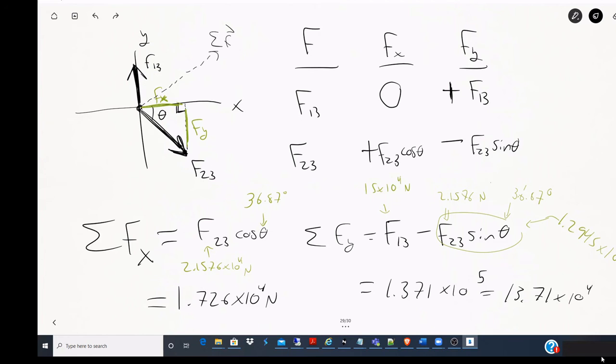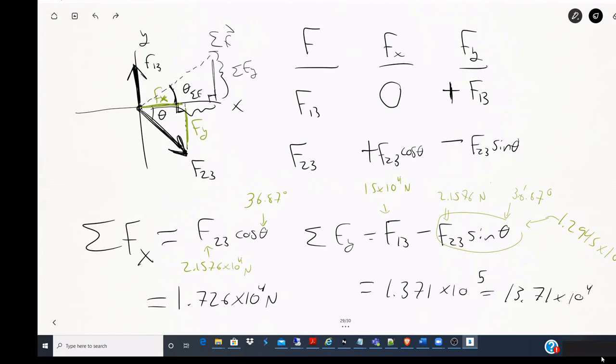Anyway, the net force is in the first quadrant. The angle for the net force is this guy right here. To compute that, I need to construct a triangle where this is the sum of the forces in the y direction, and this is the sum of the forces in the x direction.